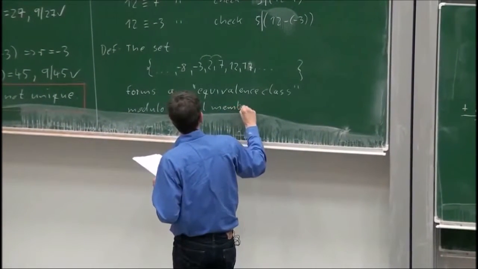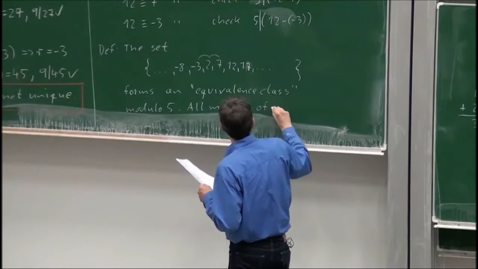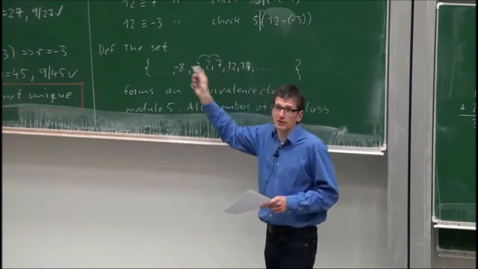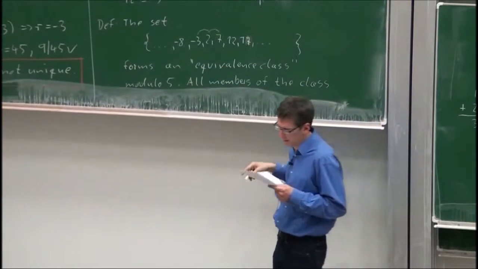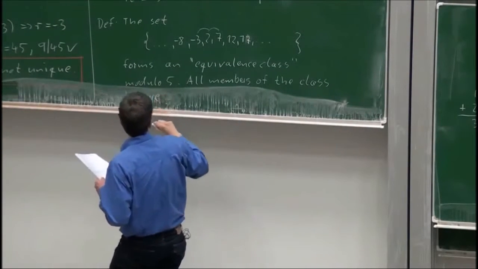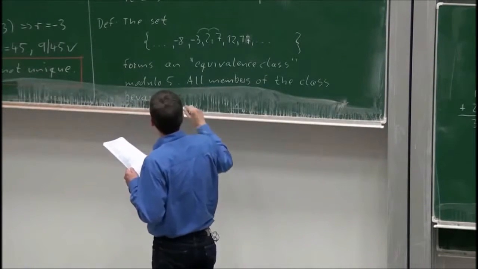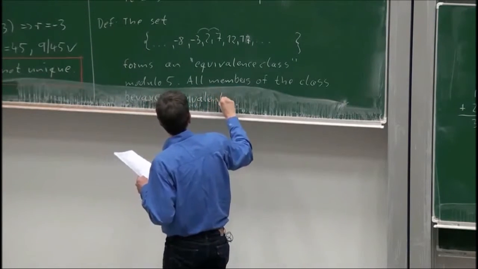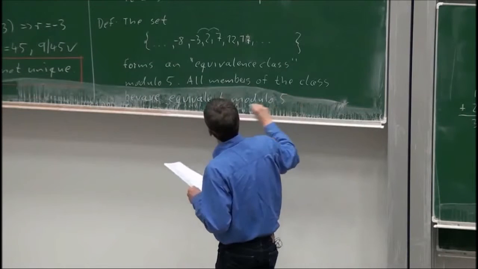All members of the class means all the numbers, all the elements that are in this class, everything that's in the curly brackets here, all the members behave equivalent modulo 5.